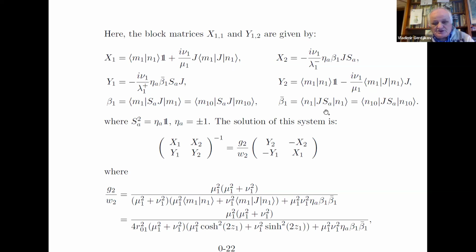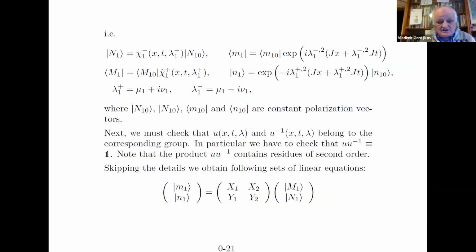You see? And finally, what we obtain is a linear system of equations which we must solve in order to define M1 and N1 in terms of small m1 and small n1.